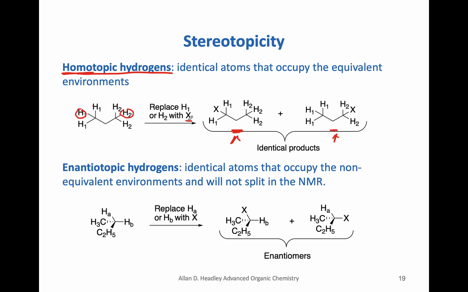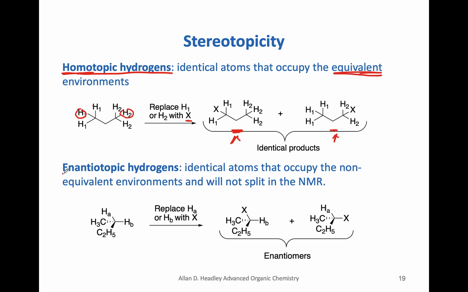So these hydrogens here are called homotopic, identical atoms that occupy identical or equivalent environments. Notice the key word here, equivalent environments, because as you know, the NMR can detect hydrogens that are in environments that are not equivalent.